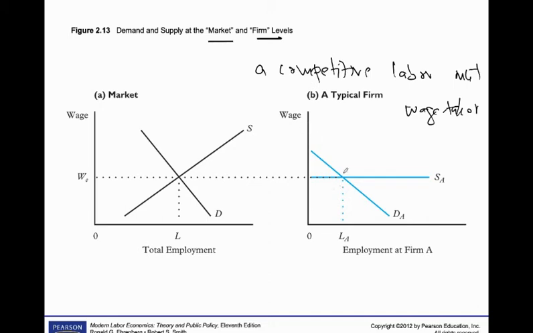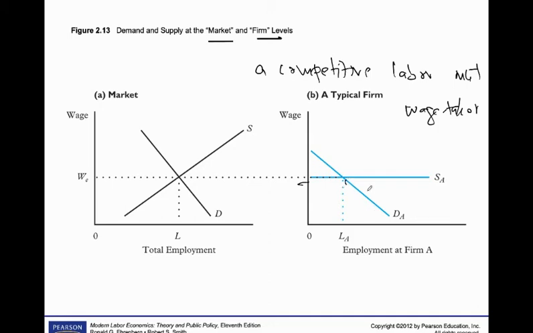In this example, figure B shows the demand and supply of labor by a firm. This firm, operating in a competitive labor market, cannot have much influence on the wage rate. The firm will take the market wage rate over here, WE, and this is the wage rate that this firm will consider in terms of its demand for labor.